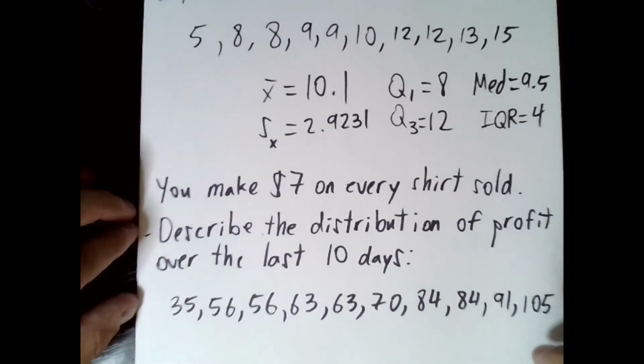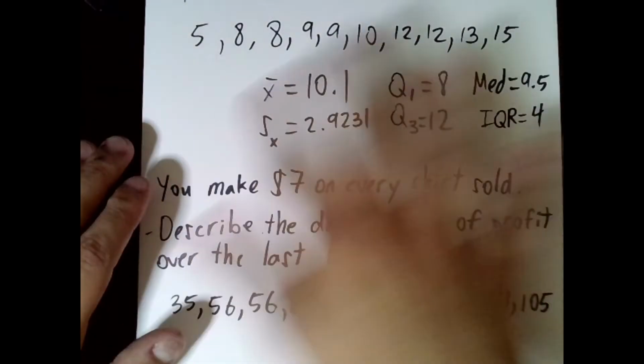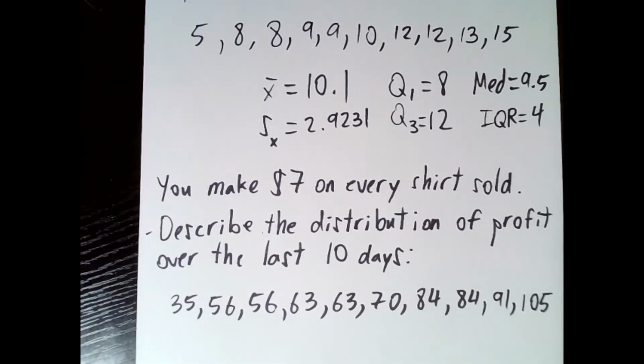How did I transform the data? I just took each number of shirt sales on a given day and multiplied it by my profit per shirt, which is $7. I'll put this through my calculator right now. You can do the same. We should know what's going to happen just by the definitions I laid out earlier: we should expect all of these values to be multiplied by 7.